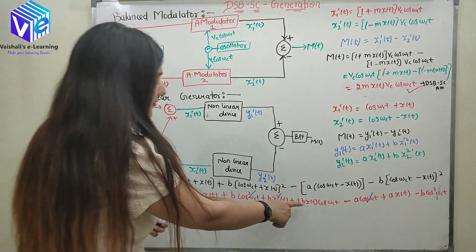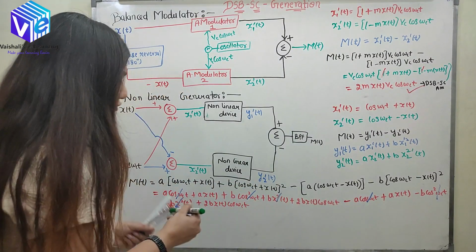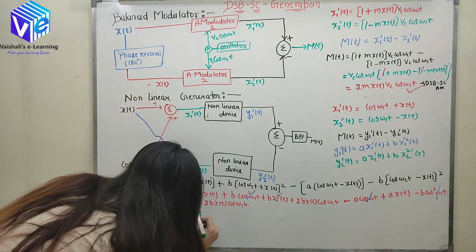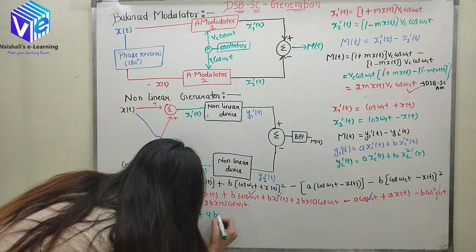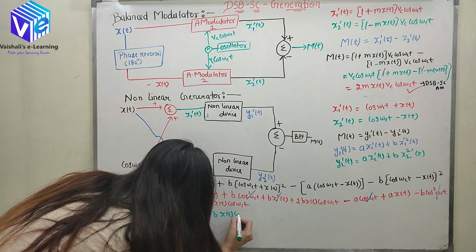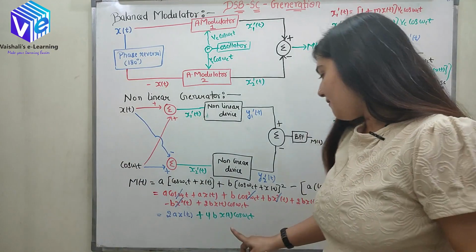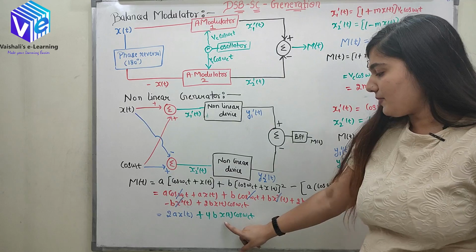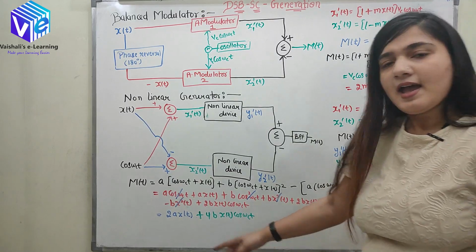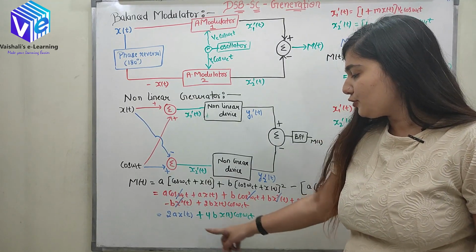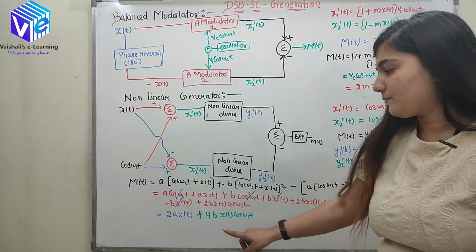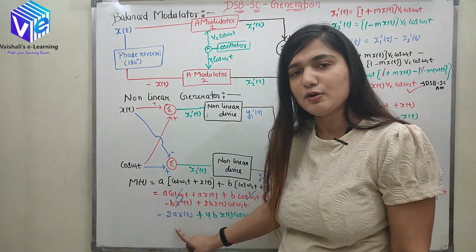So after that I am left with 2b x(t) cos omega ct plus 2b x(t) cos omega ct. So it would be 4b x(t) cos omega ct. So this is signal multiplied by carrier. So information multiplied by carrier, and we can perform the normalization to remove this value of 4b. So this is giving me again the signal only.